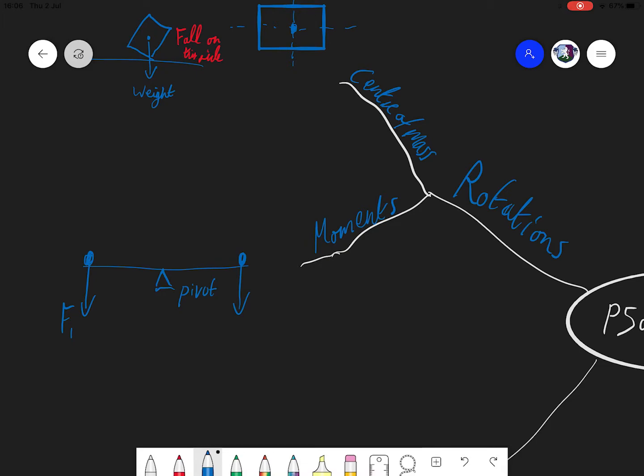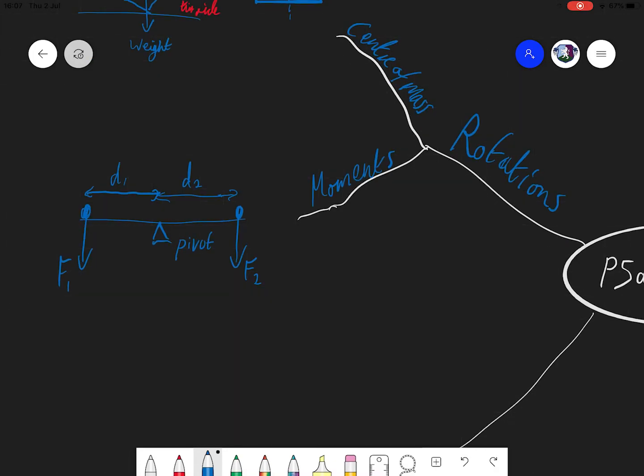We also have two objects in this one, so I'm going to say the first one's applying a force or weight of F1 and the second object F2. Now when we measure distances, they may give you the whole distance of the seesaw, but we care about the distance from the pivot to the object with the weight. So we've got two distances here, and let's label them D1 and D2 to match these forces.